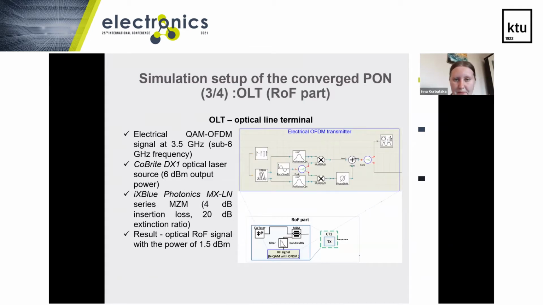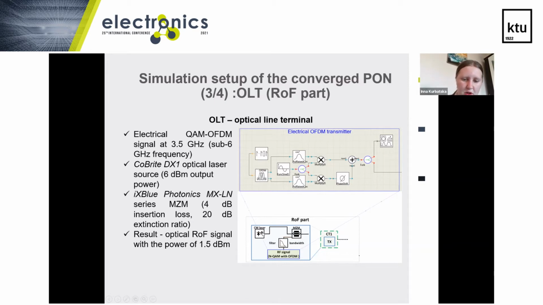Here is the optical line terminal with the radio over fiber part. Here you can see the electrical OFDM transmitter, where we get an electrical signal, and we send this electrical signal to a Mach-Zehnder modulator, and in such a way we obtain the optical signal. Here is a continuous wave laser, which provides the carrier frequency.